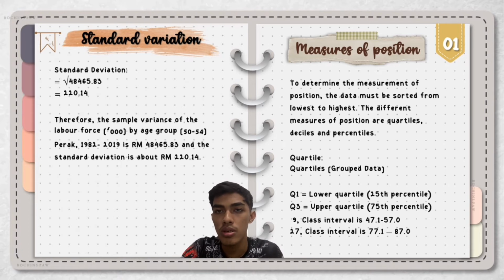The different measures of position are quartiles, decile list and percentile list. Quartile list, group data: Q1 lower quartile 25%, Q3 upper quartile 75%. Quartile class interval is 47.1 to 57.0. Class interval is 77.1 to 87.0.